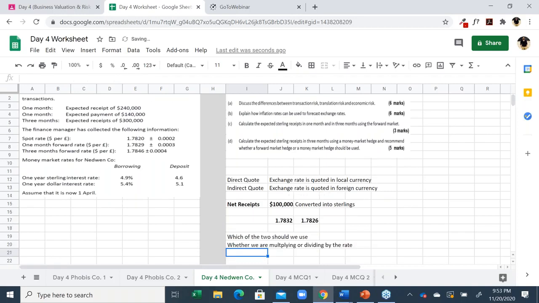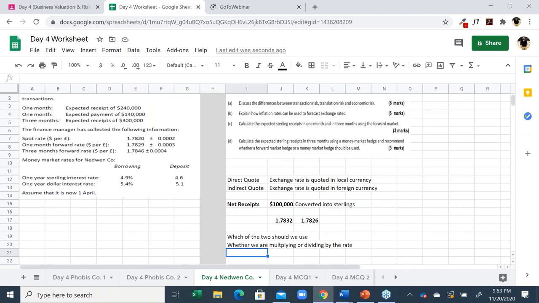So these are the two questions that we need to answer first, and I'll give you the rule. Just hold on your horses. I will give you the rule for deciding whether we should be multiplying or dividing with the rate.